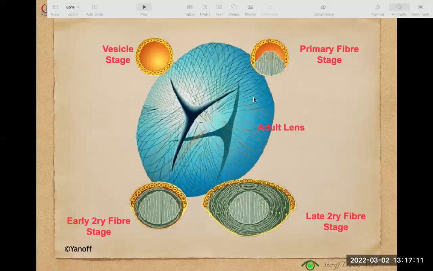And at the adult stage, meaning at birth, the fibers meet anteriorly at what we call the lens suture, which is an erect Y shape, and the lens fibers meet posteriorly at an inverted Y shape. These are called the lens sutures. These are very important to notice as to make sure that the development of the lens is sound and okay.